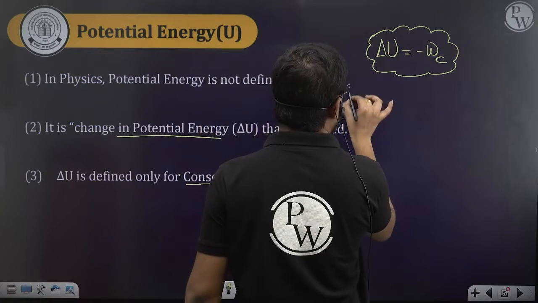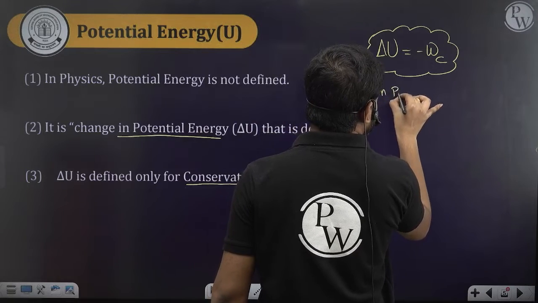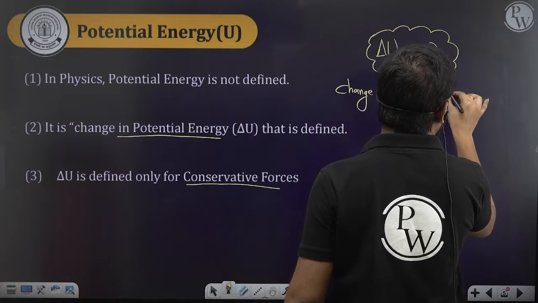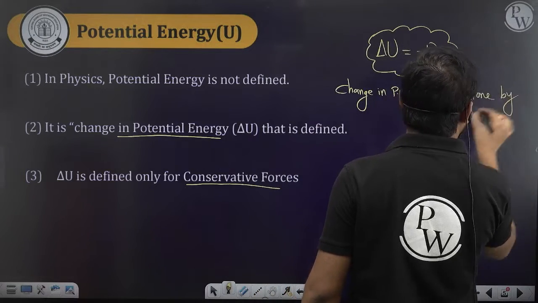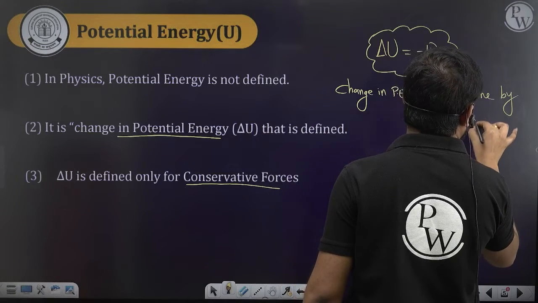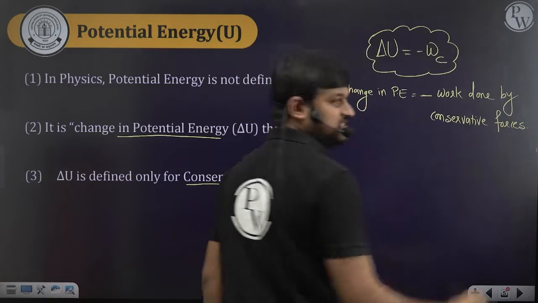So again I am writing it in the statement also: the change in potential energy is equal to the negative of the work done by conservative forces.